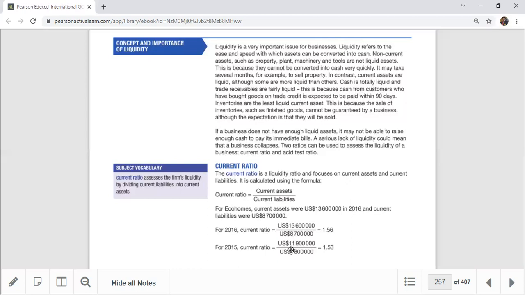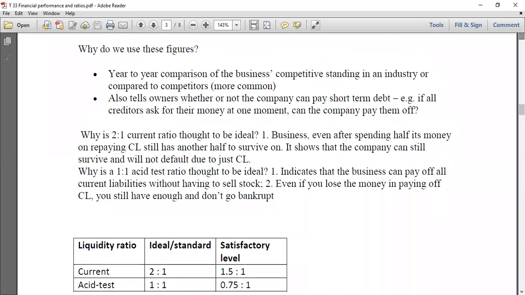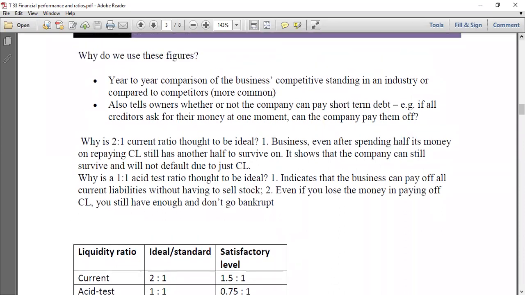Normally when you calculate liquidity, there are standards. You can see in my handout, for the current ratio, the ideal standard should be 2:1. Ideally it is 2:1 because the business, even after spending half of its current assets on repaying its current liabilities, still has another half to survive on.